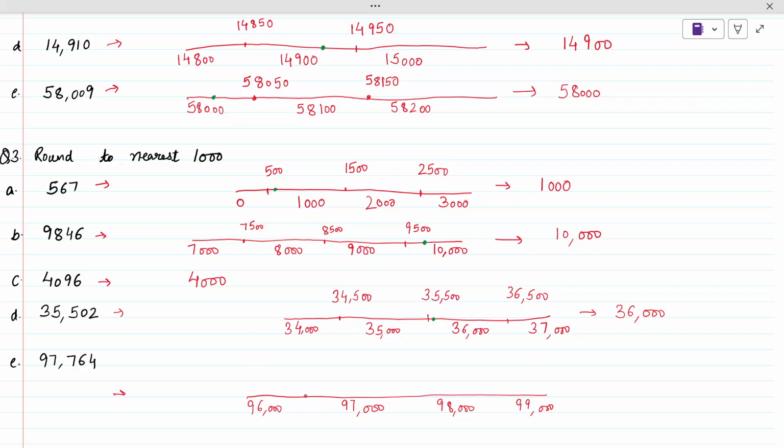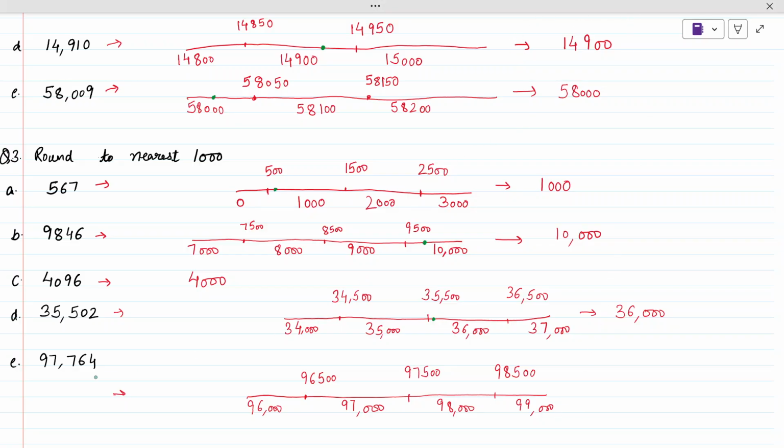And let us find the midpoints. इसका midpoint क्या होगा? 96,500, 97,500 and 98,500. ये है इन सबके मिड पॉइंट्स.